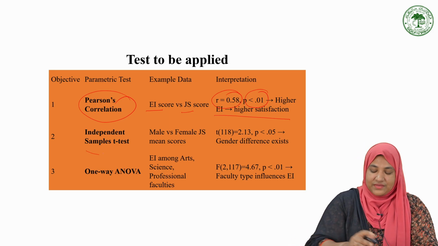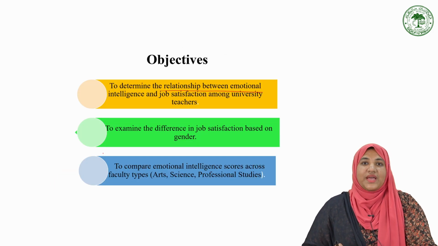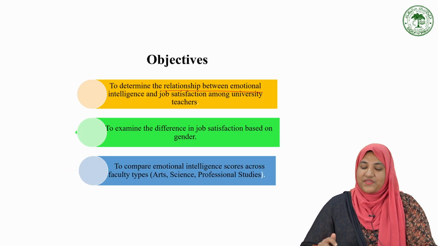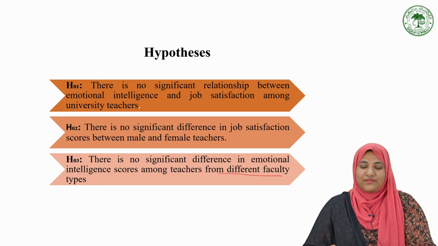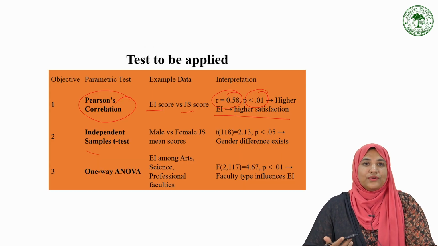Next objective: to examine the difference in job satisfaction with respect to gender. There are only 2 groups, male and female, that we are considering over here, and we know that gender is a fluid concept.